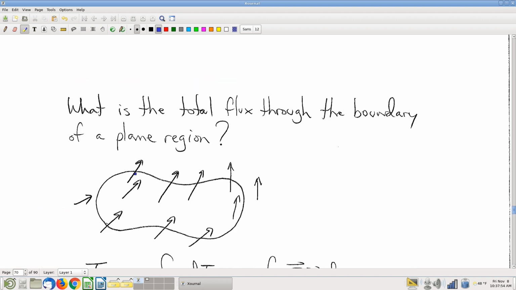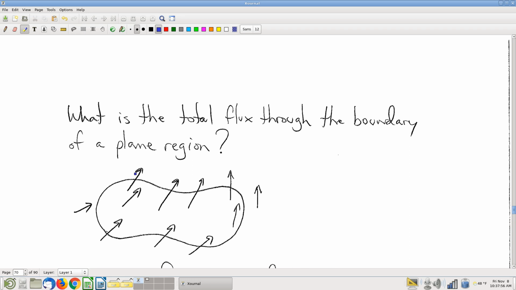And now, with that trick in mind, let's think about the flux of some fluid through this boundary. For example, birds. Maybe this is a flow of birds. Maybe this is a flow of pollution, whatever. This vector field represents any of many different things.